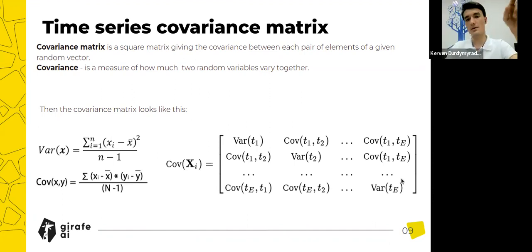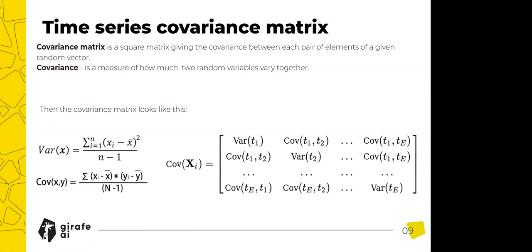Yes, the covariance is 21 by 21, and the representation will be 21 times 22 by 2, which means 231. Oh, thank you. Thank you very much.